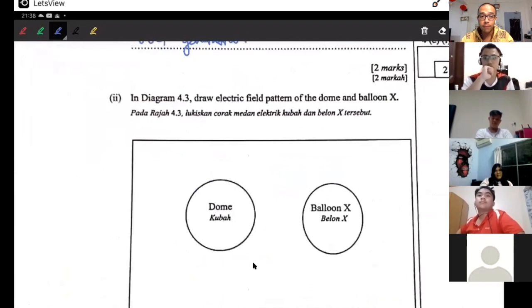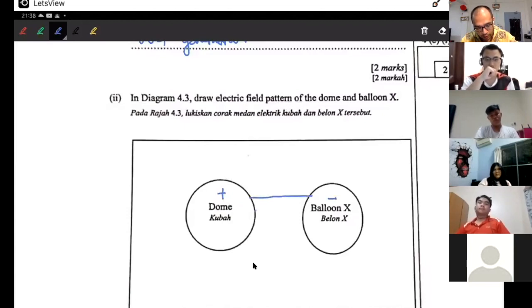So the field pattern will be as I drew just now. But the field pattern is different. If this is positive, this is negative, right? The field pattern will be at least 3 lines over here, going from positive to negative, and then some more curved ones.